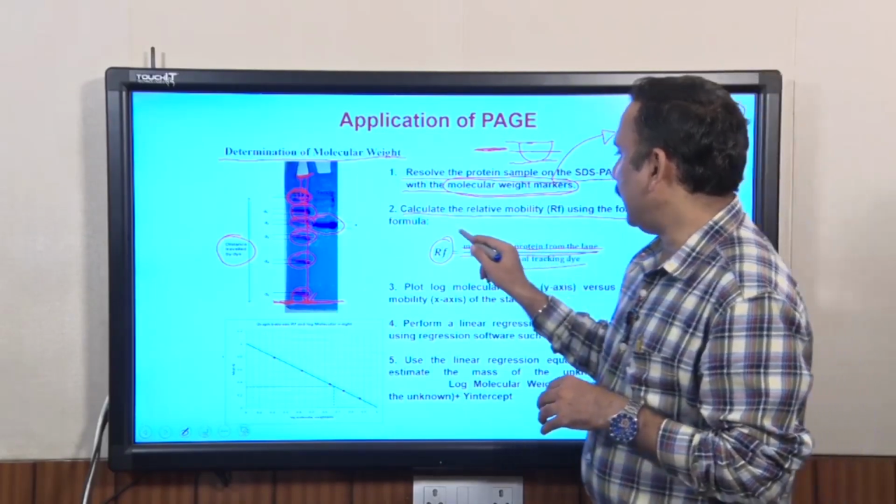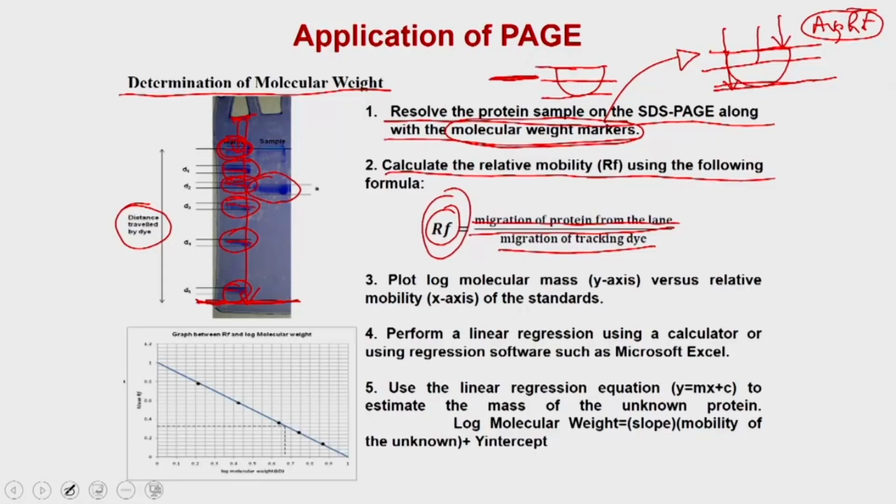So once you have calculated the RF value for the marker proteins and for your sample, then you plot the log molecular weight versus relative mobility of the standards. So you are going to get RF versus log molecular weight, and you are going to get a negative calibration curve.